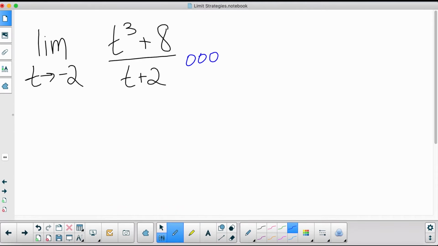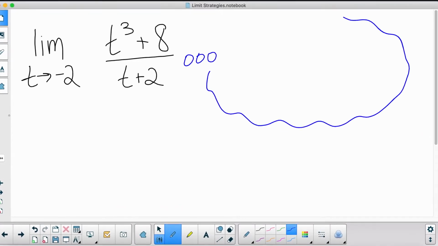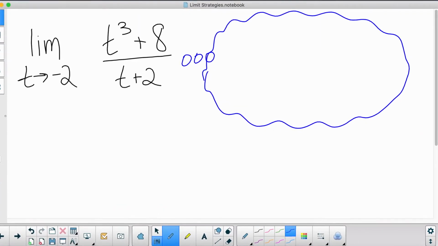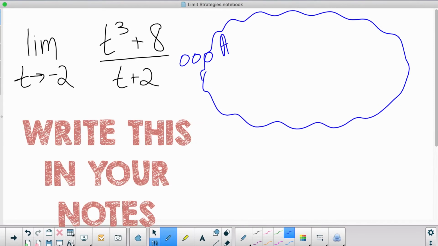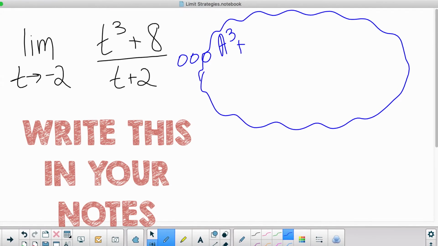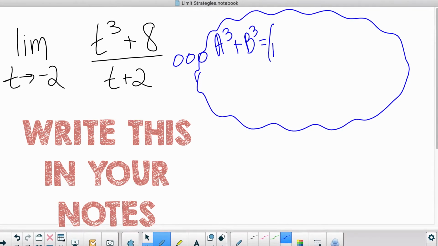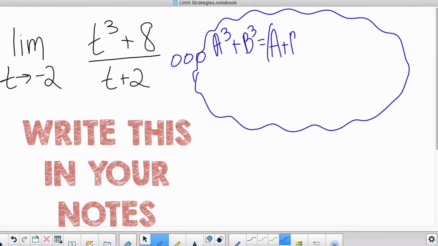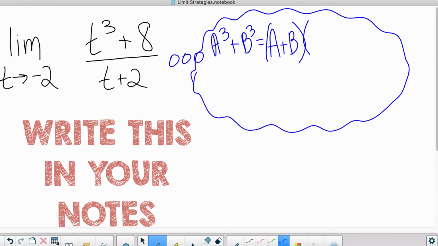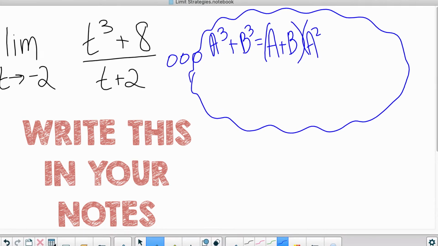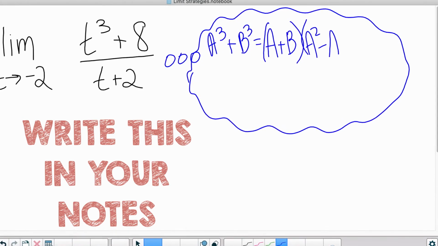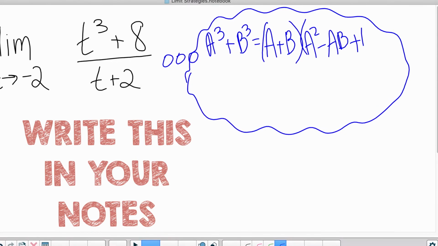So this is what I call a little thought bubble here. And this is what we need to remember. If you have a cubed plus b cubed, that can be written as (a plus b) times (a squared minus ab plus b squared).